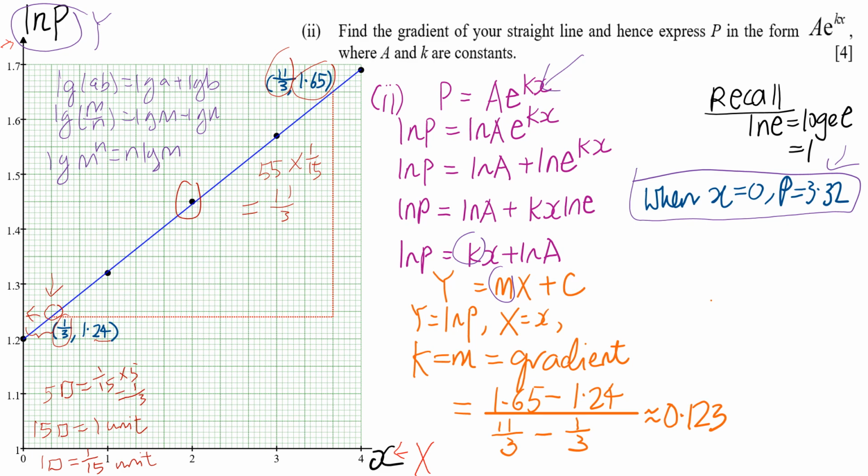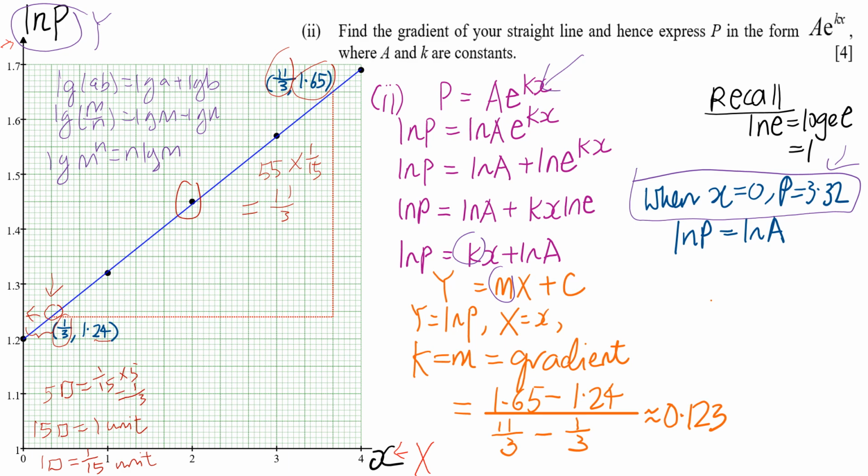That is because that is when x is equal to 0. This question is different from other questions. Your original table actually gives you the value when x is equal to 0, that means your y-intercept value. In the previous question, your y-intercept value is not given in the table, so you need to use your graph to find it.